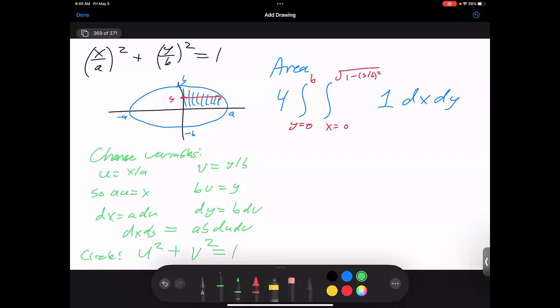Let's look at what the integrand becomes. 4 is still going to be a 4. Now, as y goes from 0 to b, what is the range of v going to be? So y equals b times v.